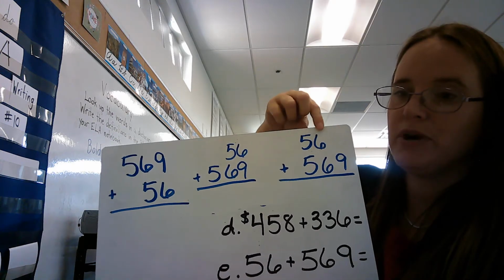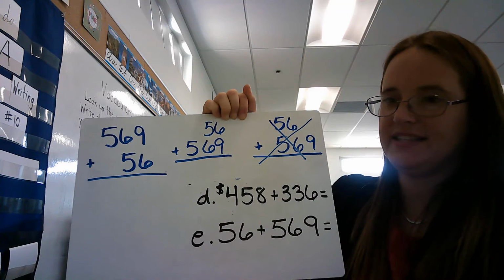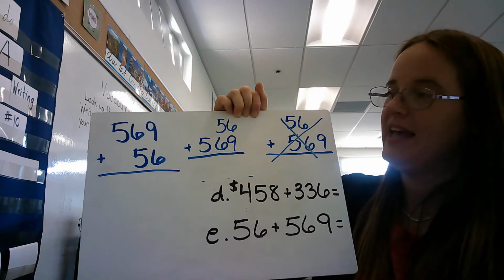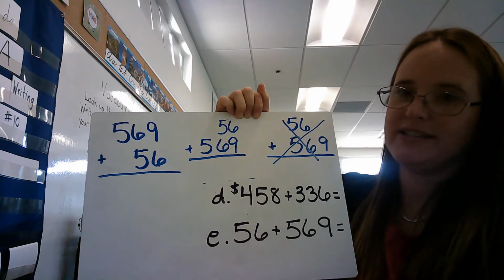So if you wrote the problem like this, you are not set up for success there. That's not going to work. And this is the reason I like to put the bigger number on top.